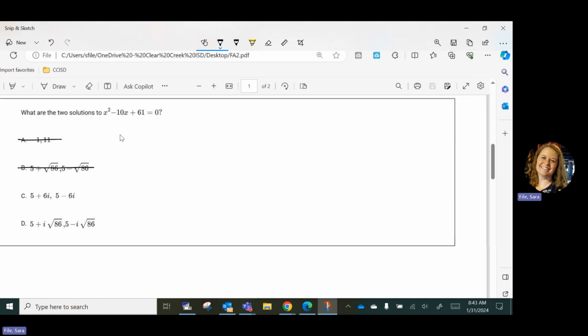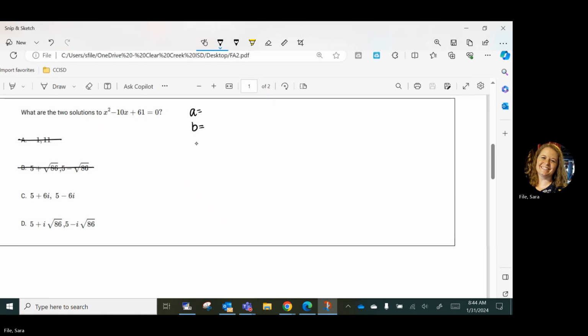Do y'all remember the completing the square method? Can anybody tell me what to do to complete the square? If not, quadratic formula should be your option because I'm going to give you the quadratic formula. I'm not going to list out the steps for completing the square. You have to know them to be able to use that method. So I guess I'll do this one by quadratic formula.